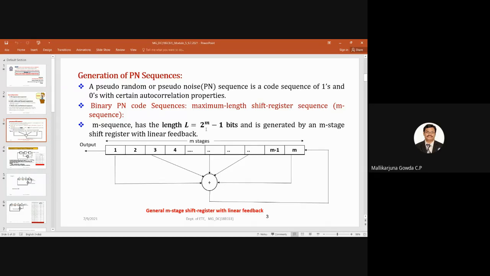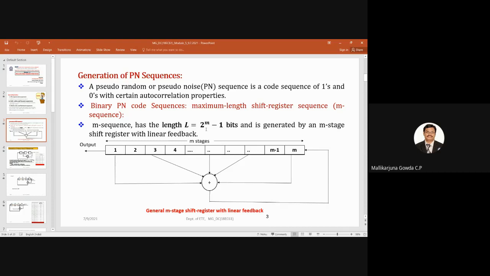Okay, so basically the PN sequence is known as a pseudo random or pseudo noise sequence. It is basically a sequence of ones and zeros with certain autocorrelation properties.